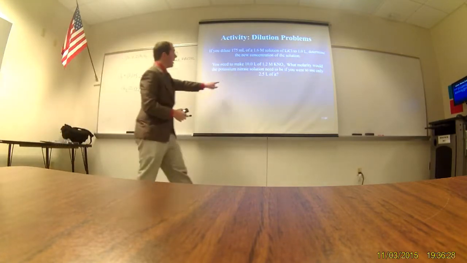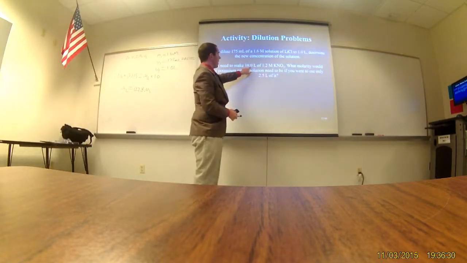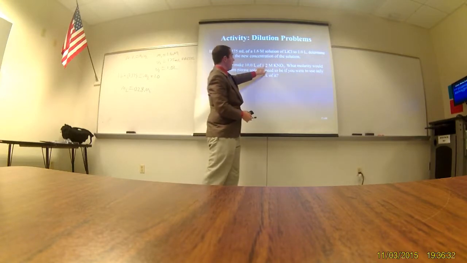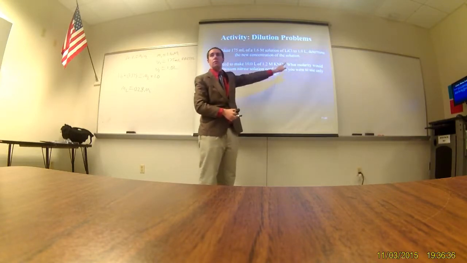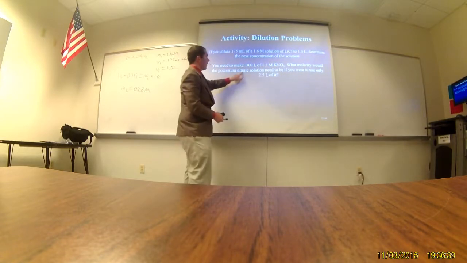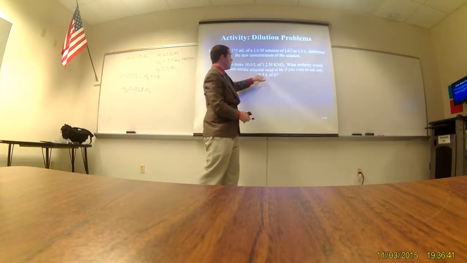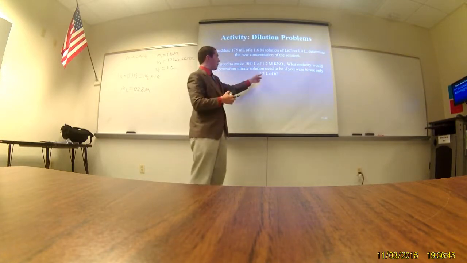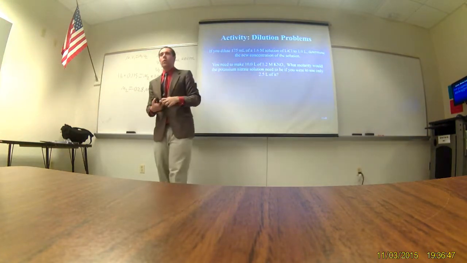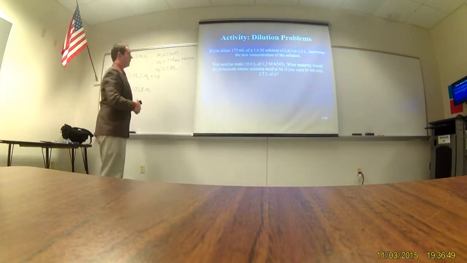We need to make 10.0 liters, that's a V2, of 1.2 molar KNO3. That's our M2. So then we say we're going to use 2.5 liters of our beginning solution. So that is V1. The one that we're missing is M1.